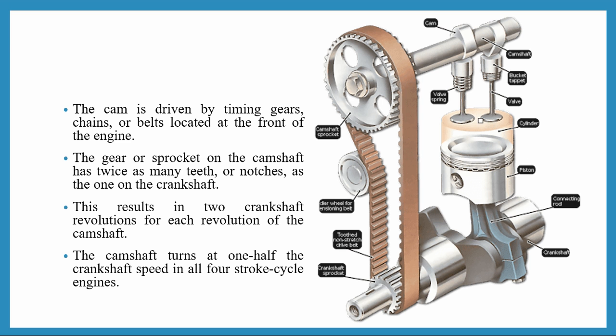These are the valves, one for inlet and one for the exhaust. These are the cams, one used to open the inlet valve and one to open or close the exhaust valve, and this one is called the camshaft. So this is the basic picture of a camshaft when it is fitted inside the engine.